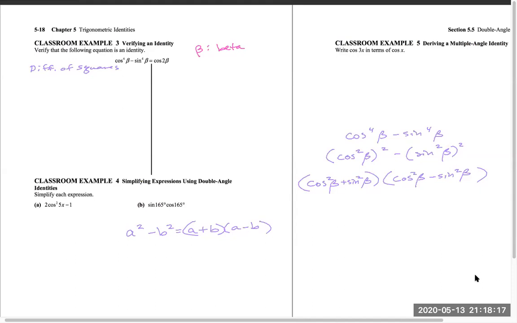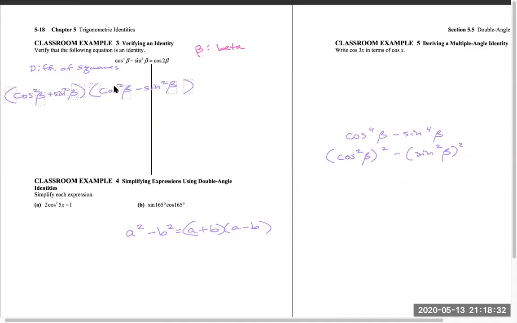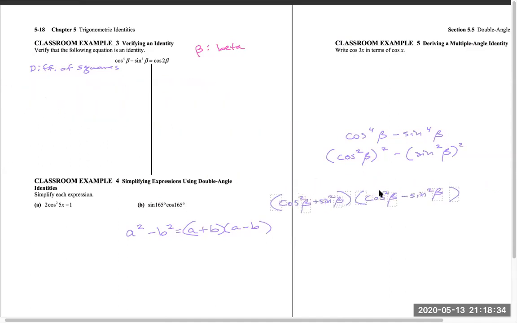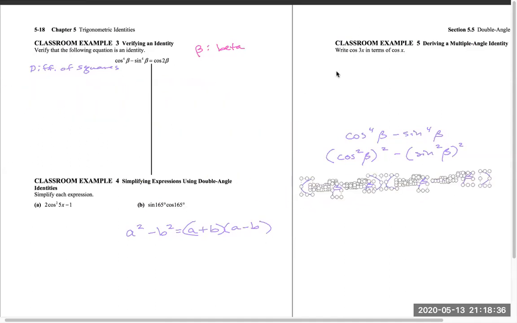Okay, so the first thing we're going to do, we're going to put this bit over here. That is too big. All right, I'm going to rewrite it over there.